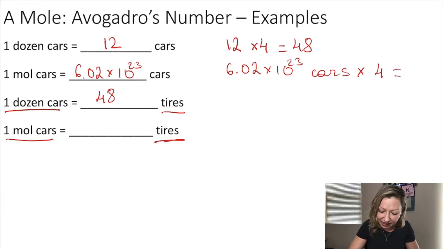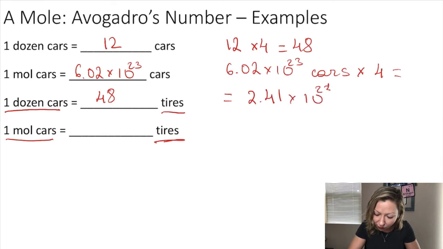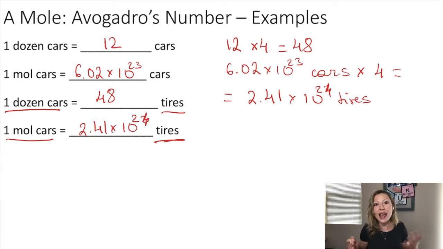So that is going to equal 2.41 times 10 to the 24th tires. Okay, so 2.41 times 10 to the 24th. Okay, I hope this makes sense.